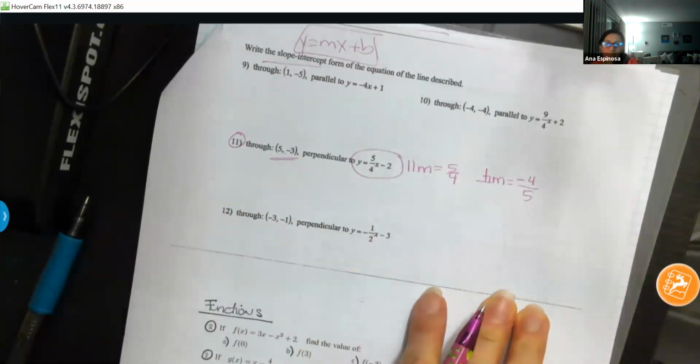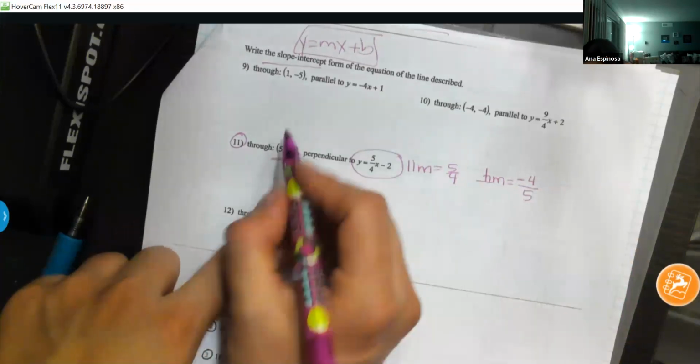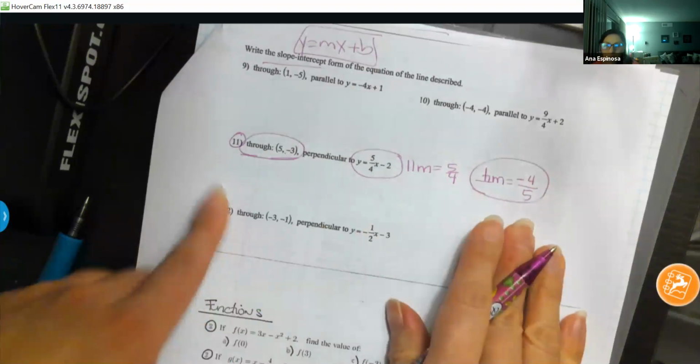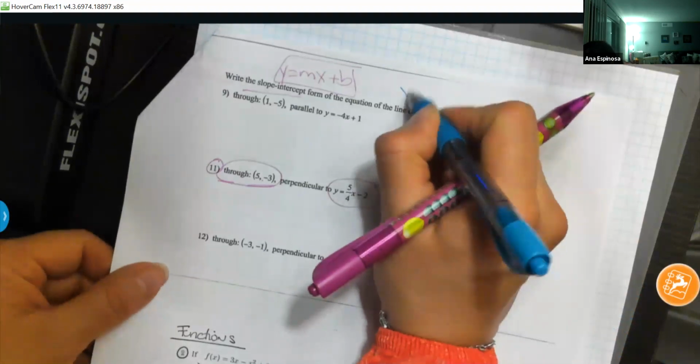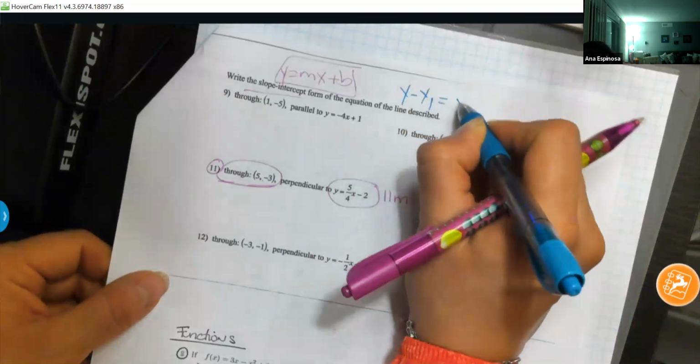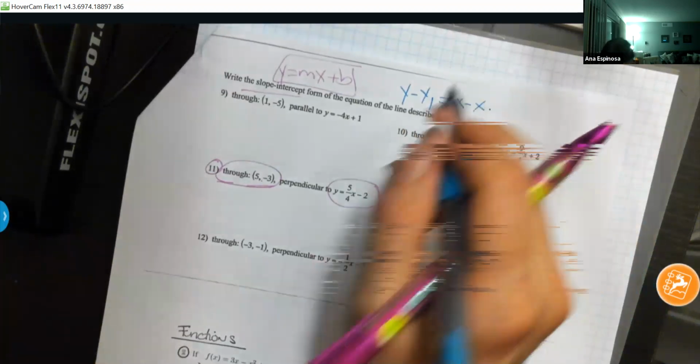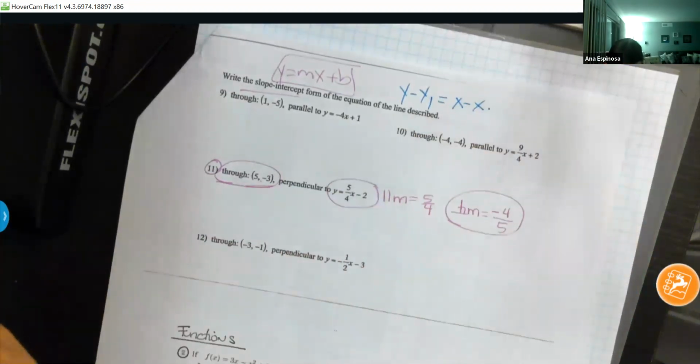It doesn't matter. Okay. So I'm going to be now using this point and this slope in the equation of y minus y1 equals m times x minus x1. Oops, I just forgot my m. How did I just do that?